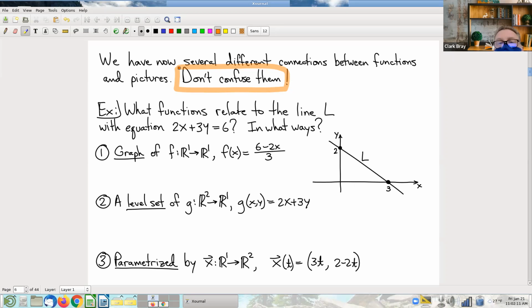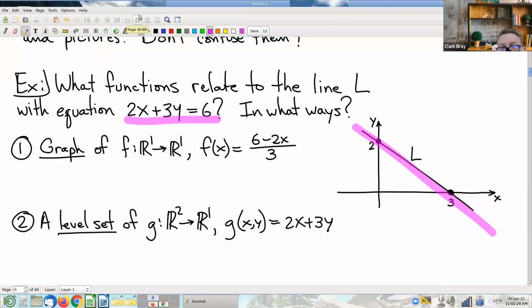So how do these functions look different? I'm going to look at this line right here, a real simple equation. Straight line there. Is this the graph of something? Well, yes, it is.